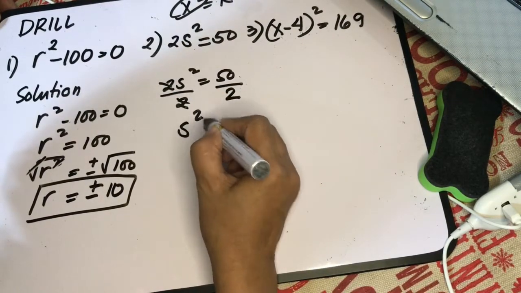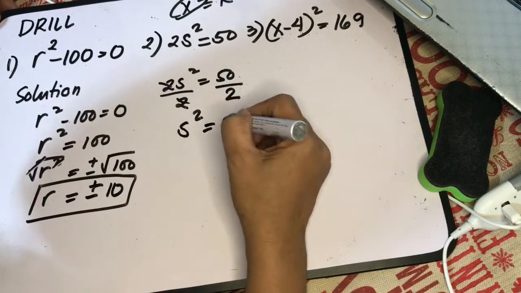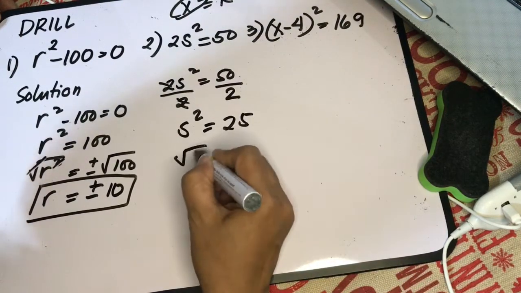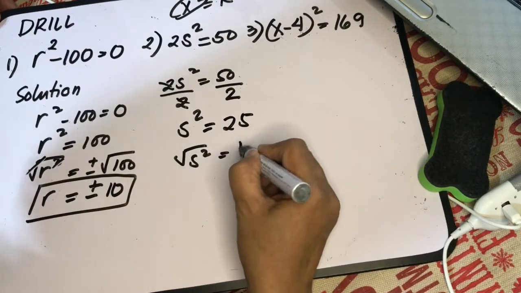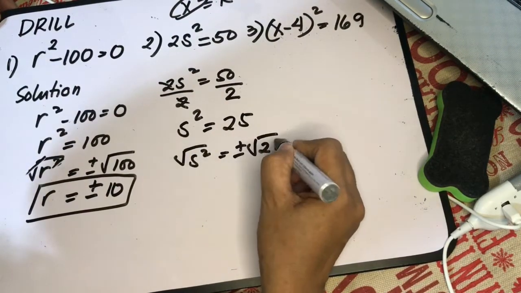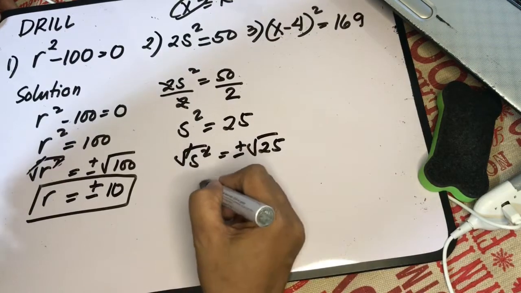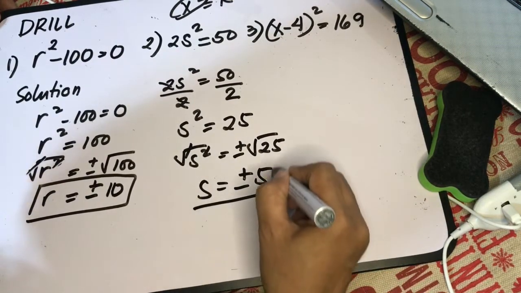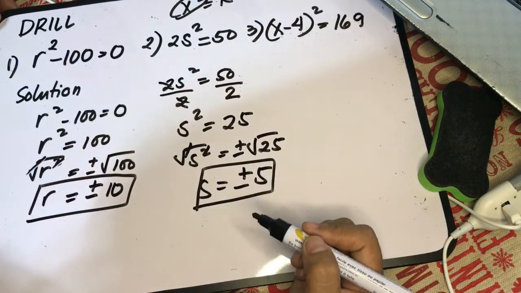So, we have s squared is equal to 50 divided by 2 is equal to 25. Again, we take the square root: s equals plus and minus the square root of 25. So, s, therefore, is equal to plus and minus 5. These are your possible solutions.